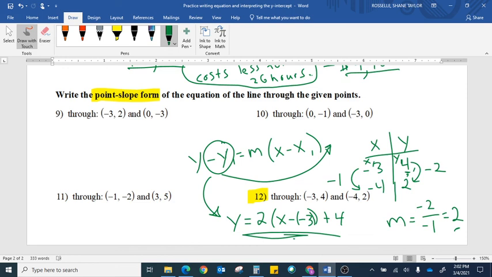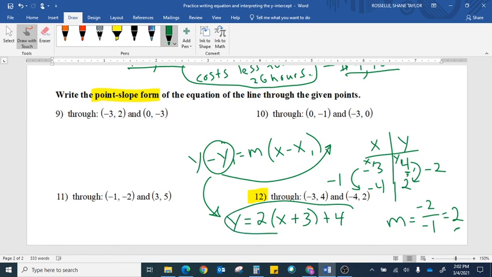All right. The only thing I want to do to make it very clear is that whenever I have two negatives, x minus a negative 3, minus a negative is a positive. So I'm going to erase that and put plus 3.